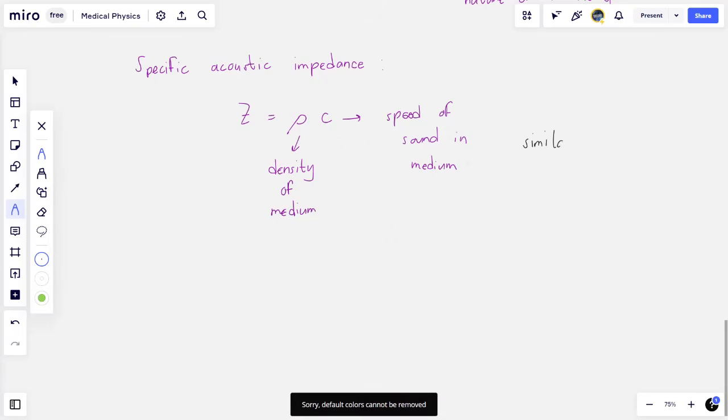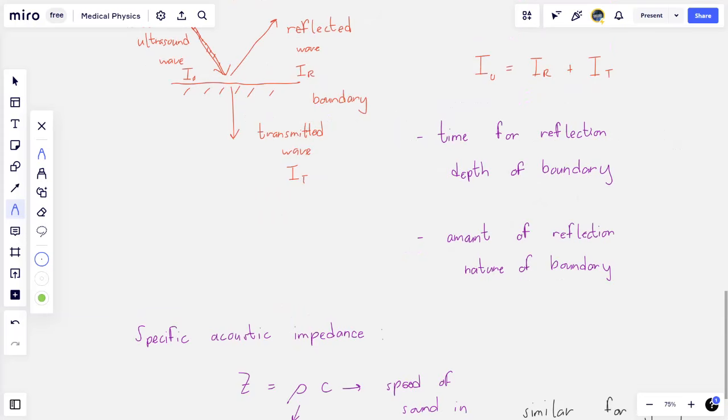if you were to do an ultrasound to check for a pregnancy, to look for the health of a fetus, for example. The specific acoustic impedance is very similar for the water-based jelly that you would apply to the stomach and skin. And we'll see that since they are very similar, there's not much reflection.